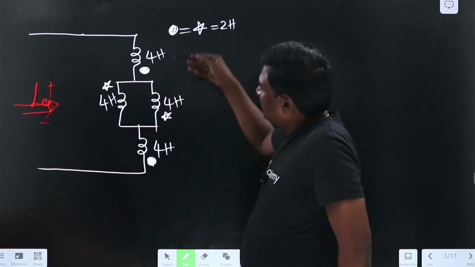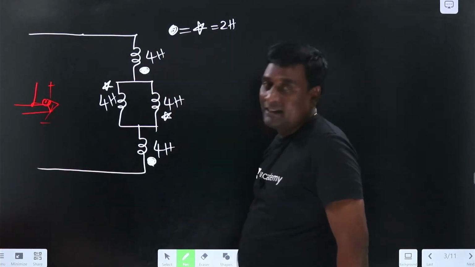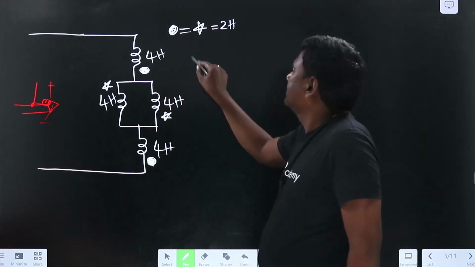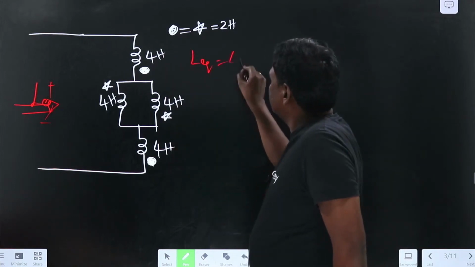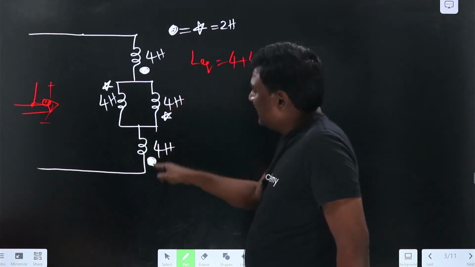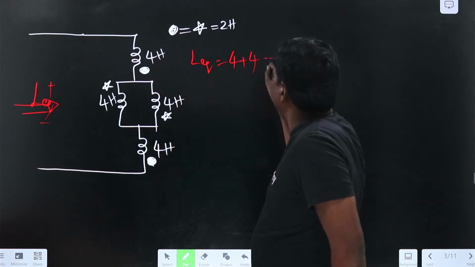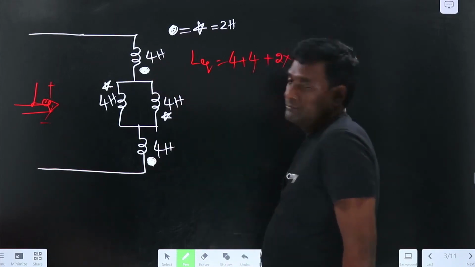Now, see here, for this circle, aiding or opposing? It's going to be aiding. So 4 plus 4, first of all, 4 plus 4. And after that, this is winding, leaving. So aiding, plus 2 into 2.